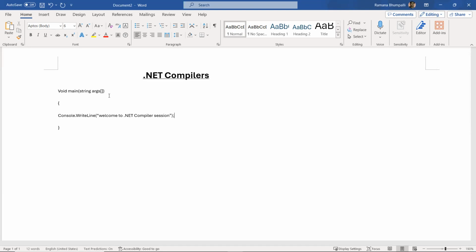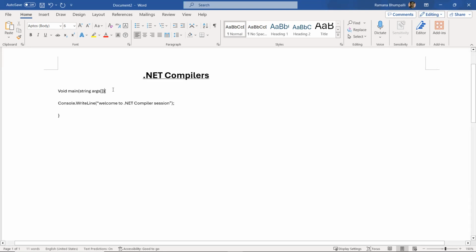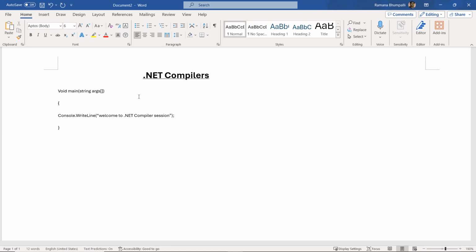So when I compile this program, it is not going to convert directly into native code. First it will convert into Microsoft Intermediate Language, that is MSIL. So when you compile your program using the .NET compiler, it is going to convert this particular program into MSIL code.